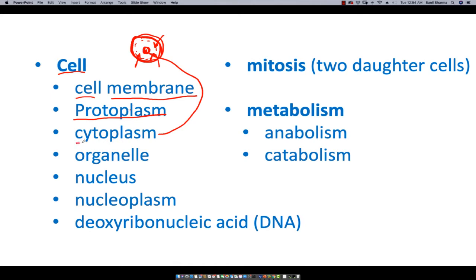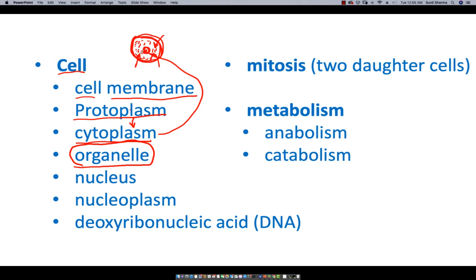And then part of that is the cytoplasm. So protoplasm becomes cytoplasm. And inside the cytoplasm, we have what we call organelles. They're like teeny tiny organs of a cell. So we have these little organelles that are inside that are going to be doing a lot of work.